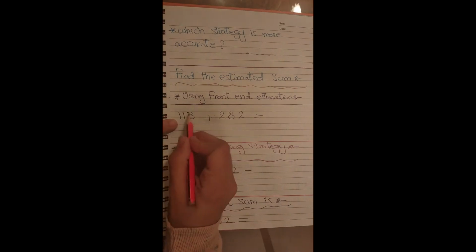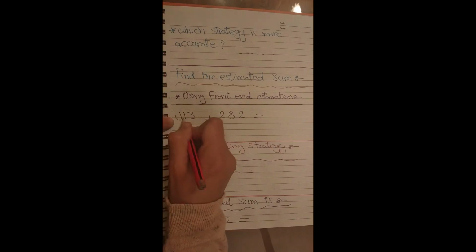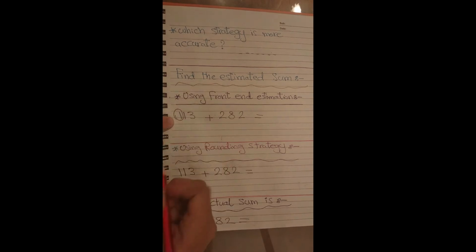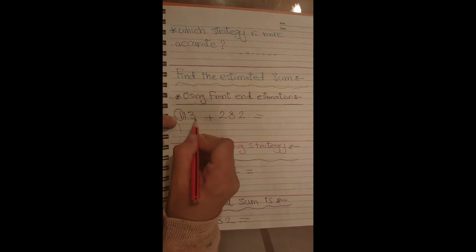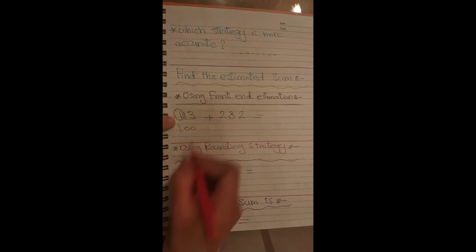The first addend is 113. Using the front-end estimation, I will look only at the last digit or the end digit, which is 100, and I will replace all neighbors by zeros, so it will be estimated to be 100.